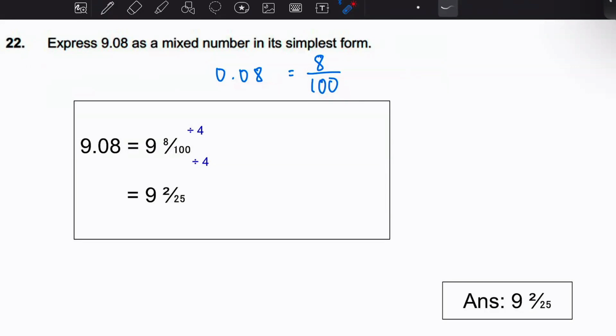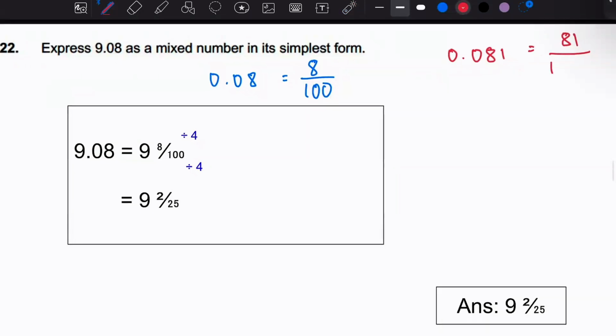For example, if the number was 0.081, the fraction would be 81 over what? There are 3 decimal places, therefore the denominator will be 1000, because there are 3 zeros. Got it?